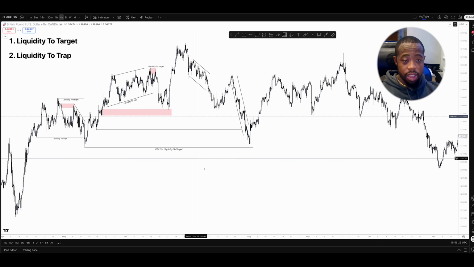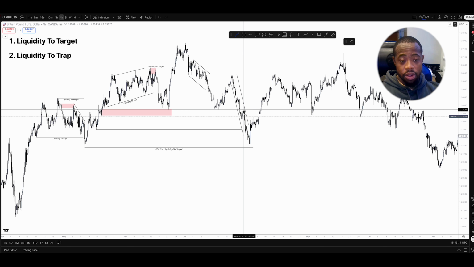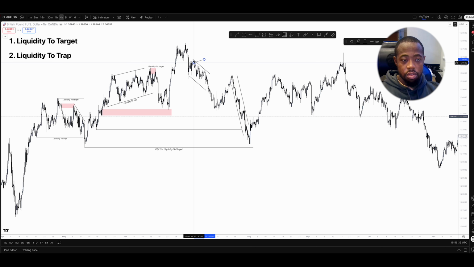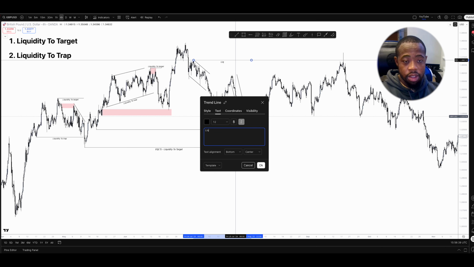So we've got liquidity to target here, and what else do we have though? We also have this channel up here, and we've got this channel down here as price moves away, all right? So this also becomes, for me, my liquidity to target. Or is it my liquidity to take.